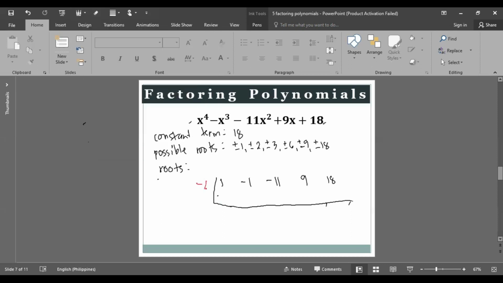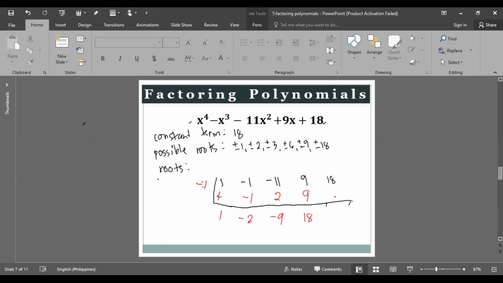Let's try negative 1. Bring down 1, multiply, we get negative 1. Add, we get negative 2. Multiply these two values, positive 2. Add, we get negative 9. Negative 1 times negative 9 is positive 9. Then we add this, we get 18.